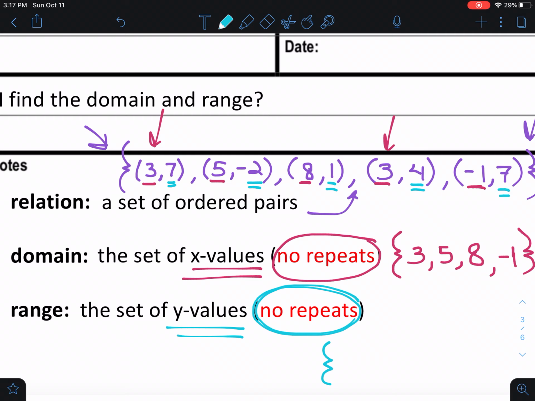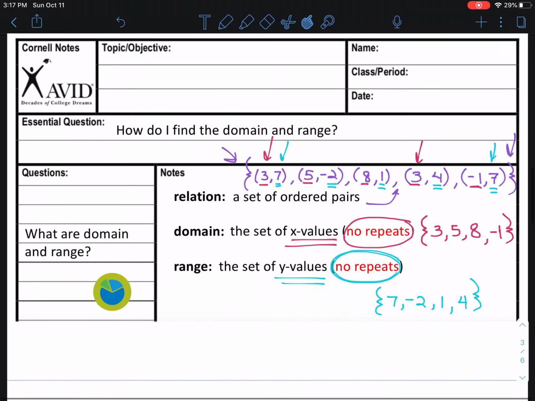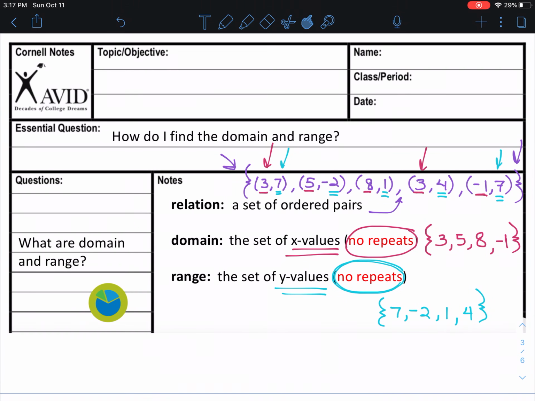And notice once again I have a repeat of 7. If I didn't have any repeats, I would just write them all. So here I have 7, -2, 1, 4, and I'm not going to write 7 again since I already have it. And that would be my range. There we go, domain and range. This is of discrete values or distinct points. Okay, so hopefully that makes some sense.